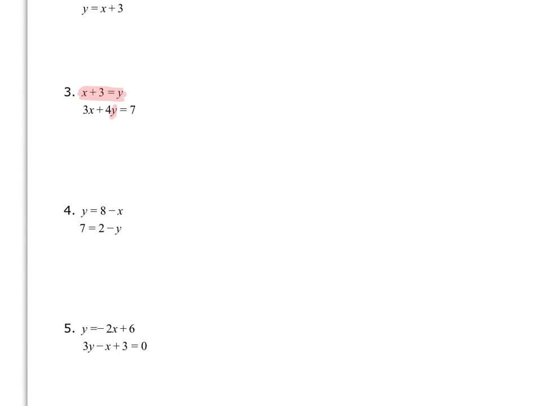So I'm going to write 3x plus 4y equals 7. And here, y we found in the first equation is x plus 3. So the first thing I did was substitute x plus 3 for y.